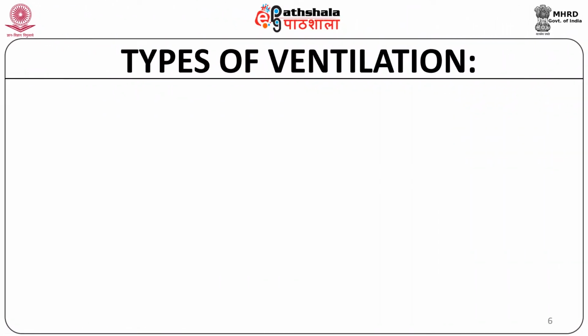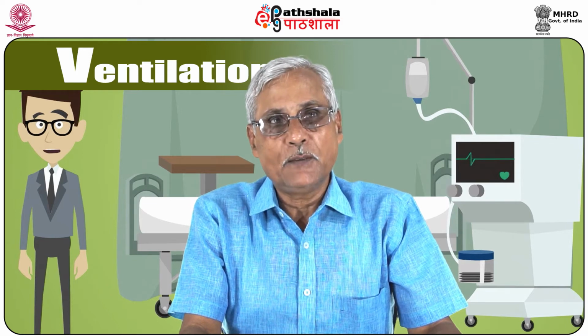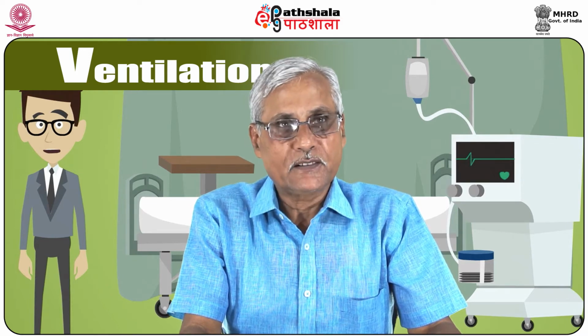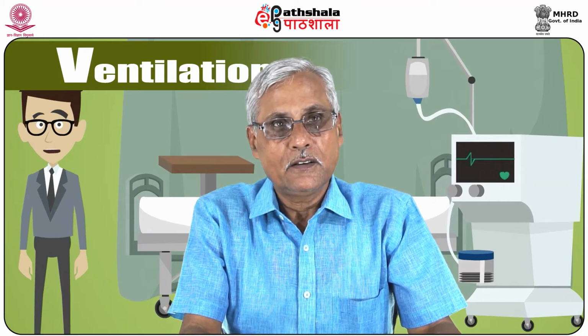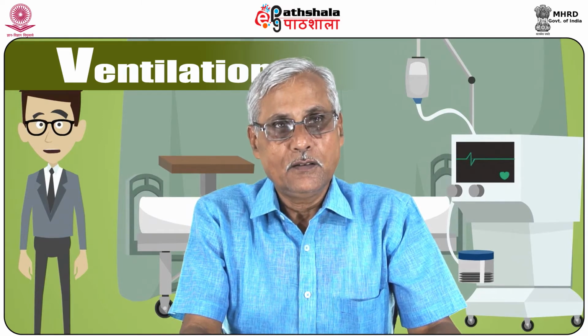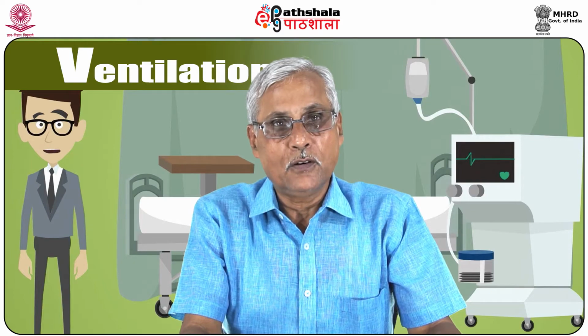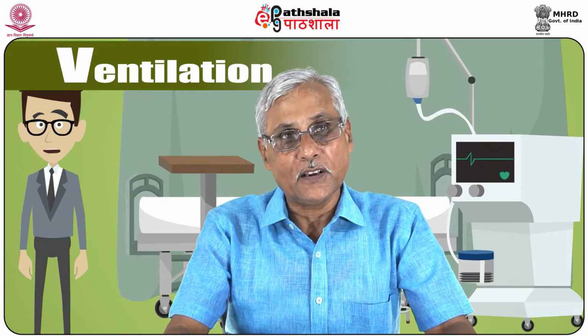Now, ventilation can be of several types. Broadly, ventilation may be classified into 5 types. One is infiltration. Number 2 is natural ventilation. Number 3 is mechanical ventilation or artificial ventilation. Number 4, demand control ventilation. And number 5, heating, ventilation and air conditioning.